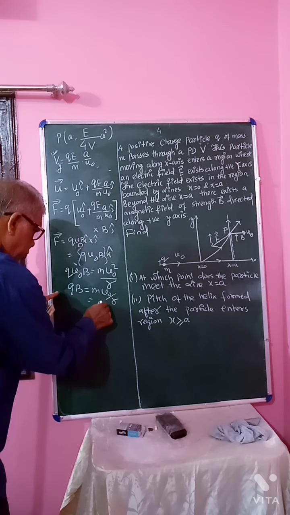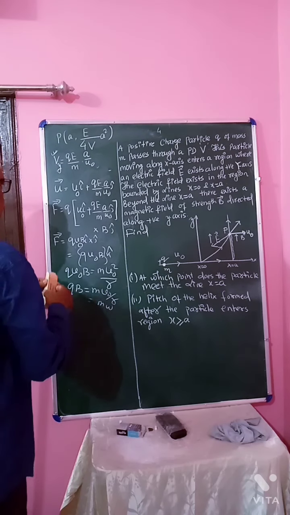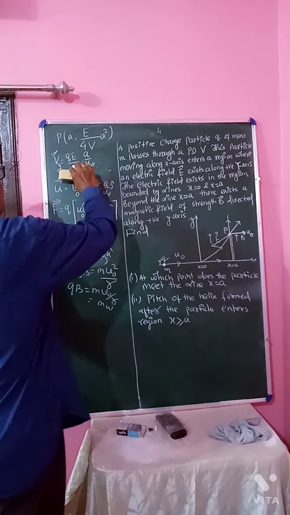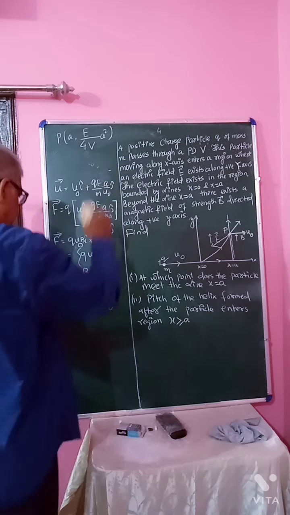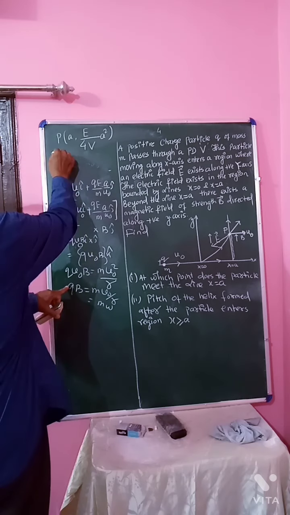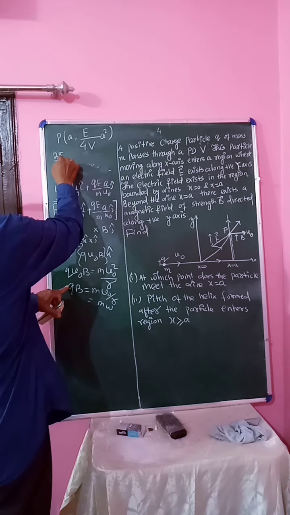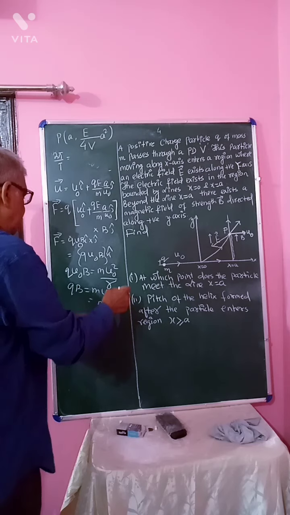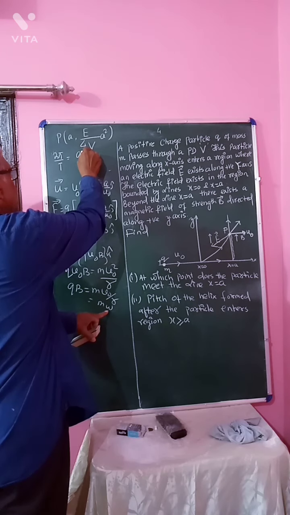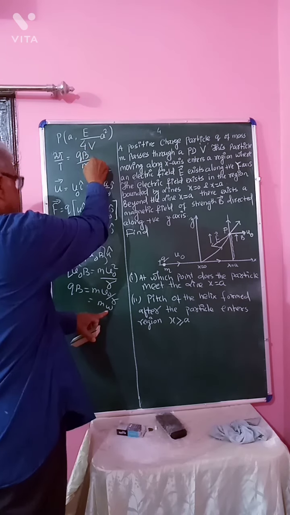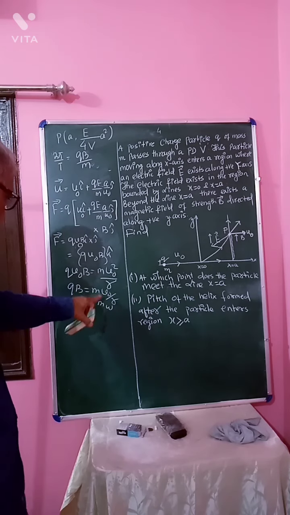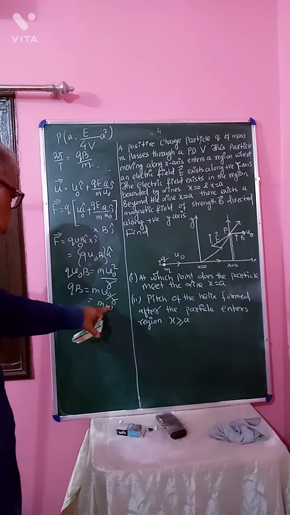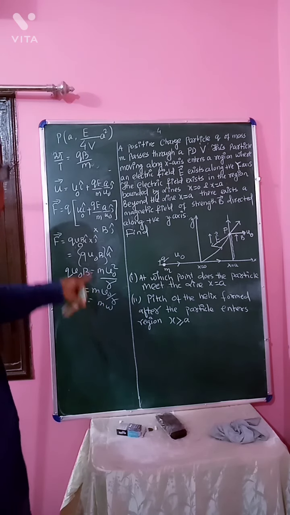This is m omega, so omega, this is 2 pi by T equal to Q B by m.